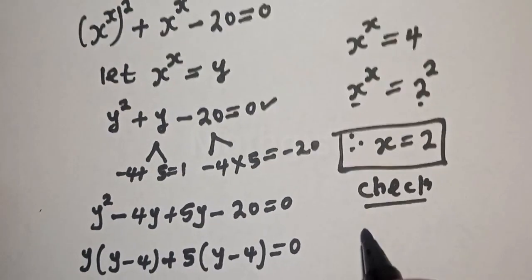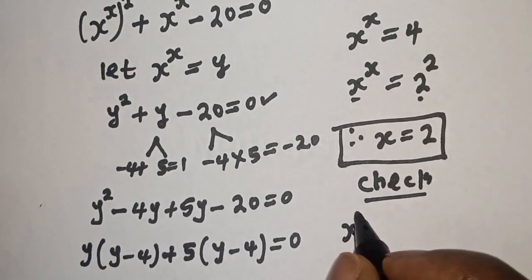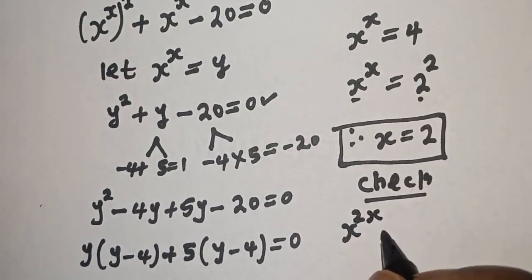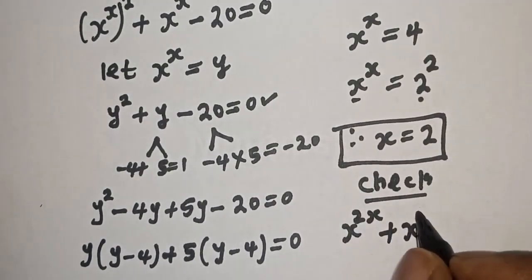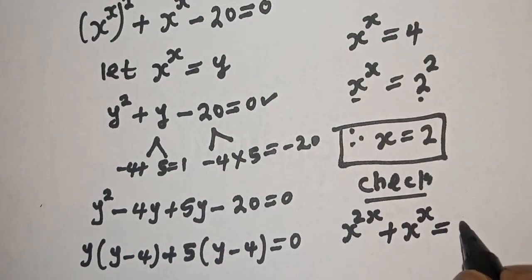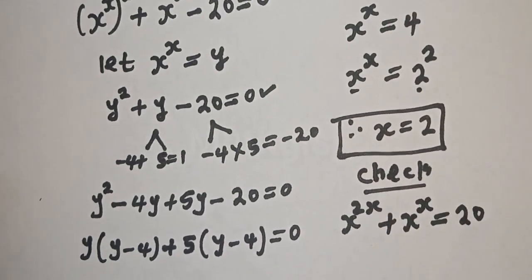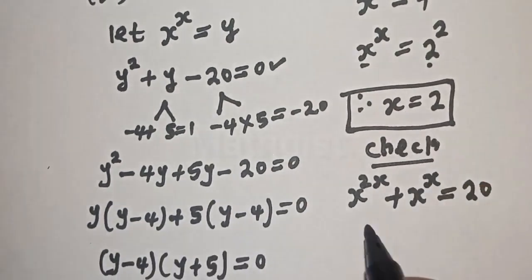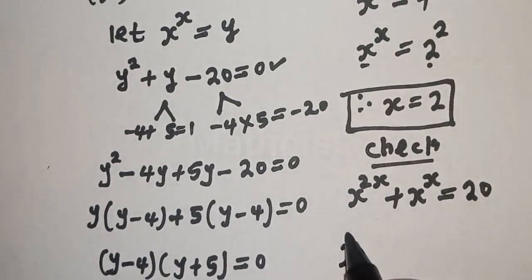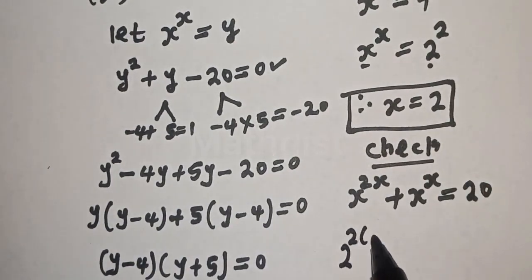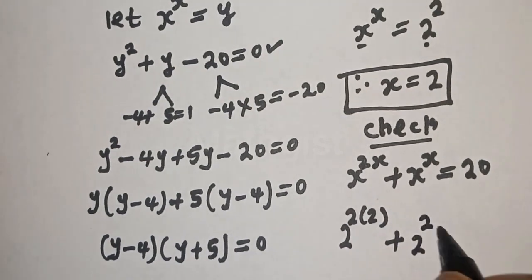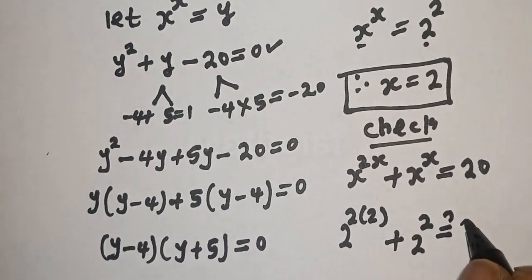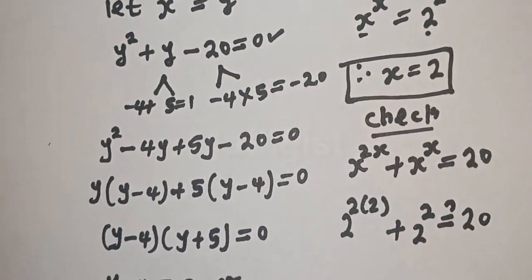We have the given equation s raised to power 2s plus s raised to power s is equal to 20 when s is equal to 2. 2 raised to power 2 multiplied by 2 plus 2 raised to power 2 must be equal to 20.